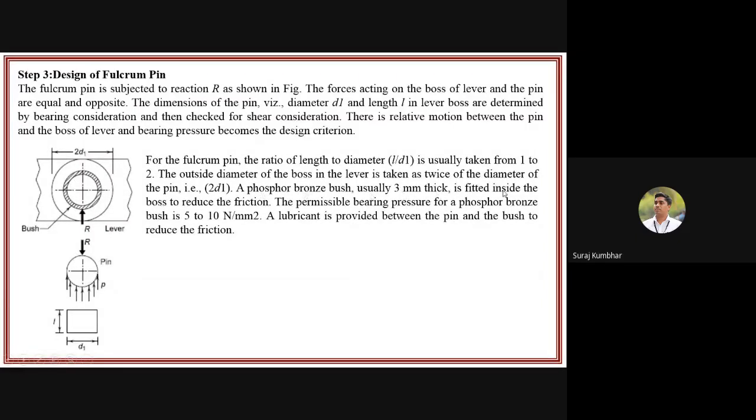The permissible bearing pressure for a phosphor bronze bush is 5 to 10 Newton per mm square; the value is already given. A lubricant is also provided between the pin and the bush to reduce the friction.